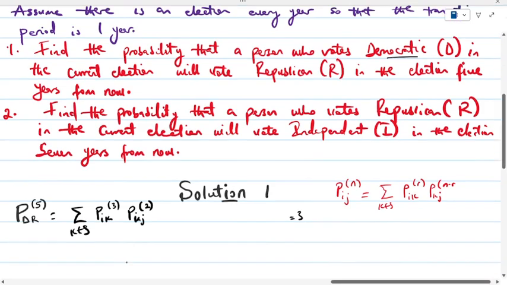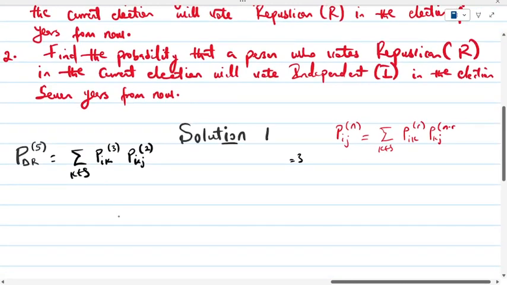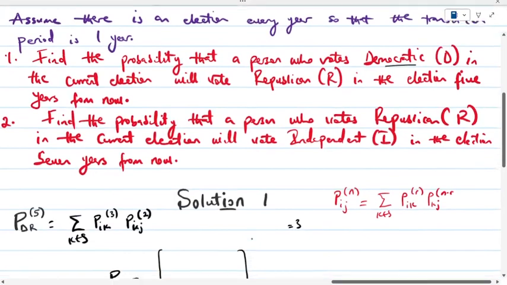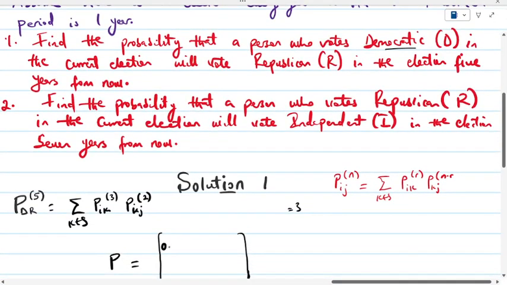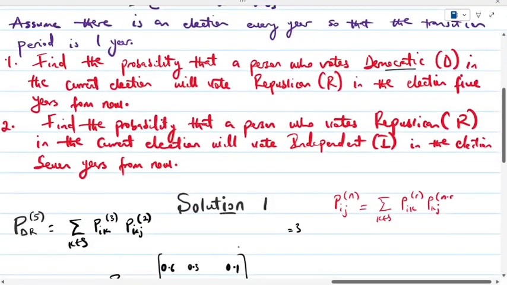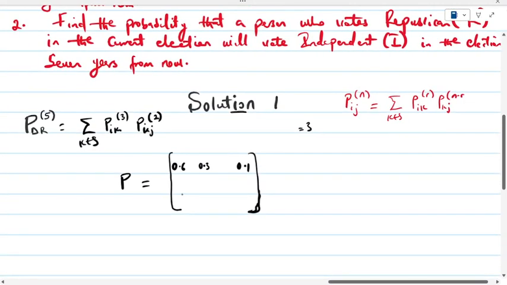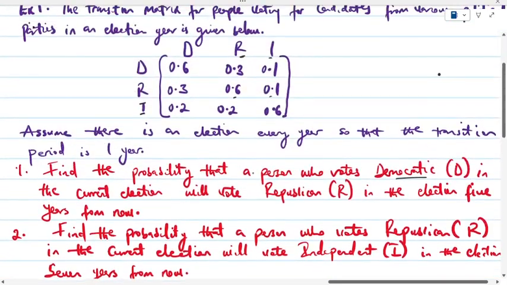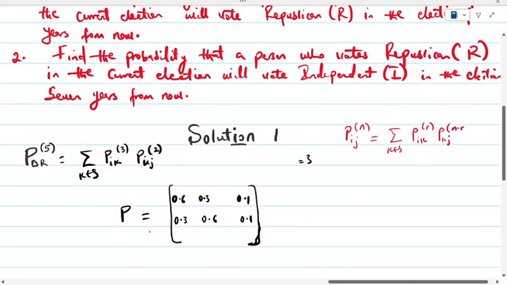Don't forget our transition matrix is given by: 0.6, 0.3, 0.1; 0.3, 0.6, 0.1; and lastly 0.2, 0.2, 0.6.